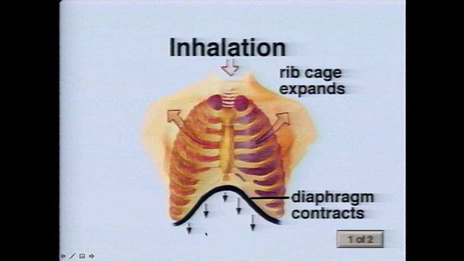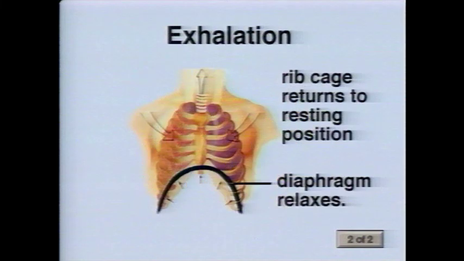And it's a vacuum cavity, so when this chamber gets larger, the pressure in here is going to drop, and that's going to suck oxygen out of the atmosphere and into the lungs. When we expire, the diaphragm relaxes and just basically pushes the air out of the lungs, and the intercostals relax, and they also facilitate that expiration as well.